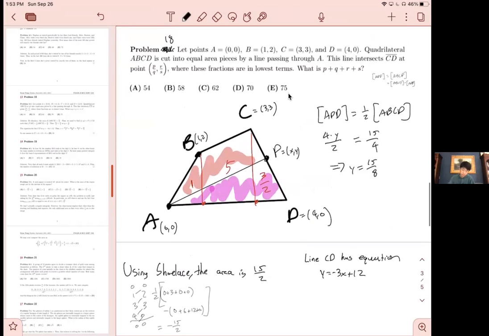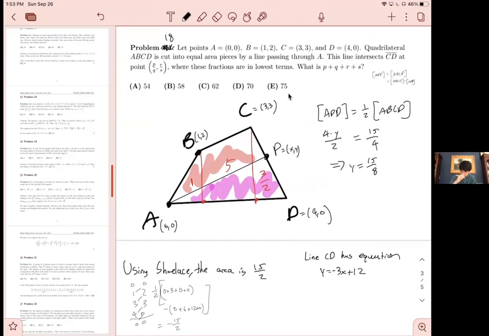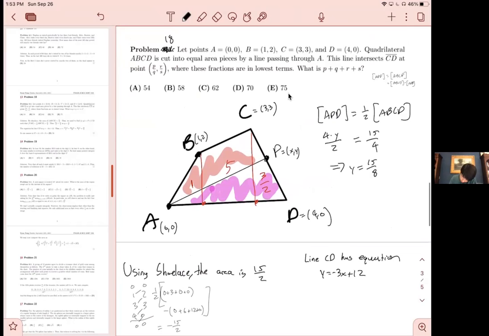You can verify this. Yeah, you know the x-intercept and you know the slope. And next, x equals 12 minus y over 3 by rearranging. 12 minus 15/8 over 3, which equals 4 minus 5/8, which equals 27 over 8.